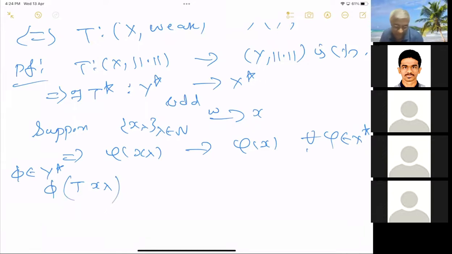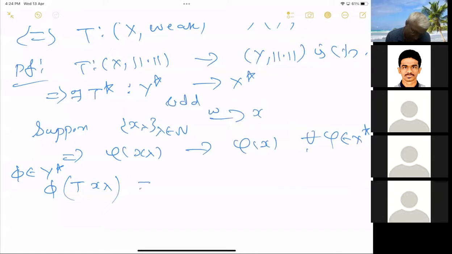I assume the norm continuity: when you put the norm topology in the domain and range, T is continuous. Then I want to prove that if you put weak topology in the domain and range, it is also continuous. So I assume x lambda converges to x weakly, and I have to prove that Tx lambda converges to Tx weakly. So I am taking the linear function phi of Tx lambda, and I have to prove that this converges to phi of Tx.